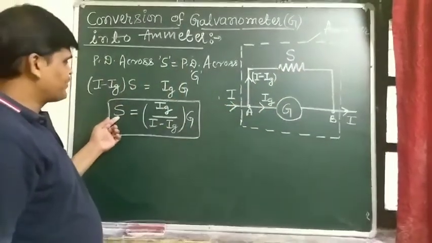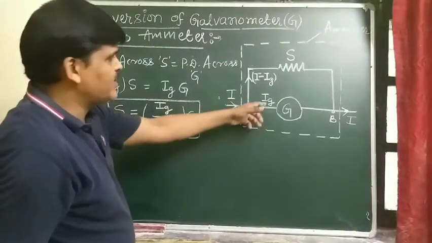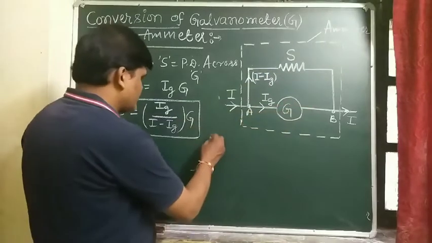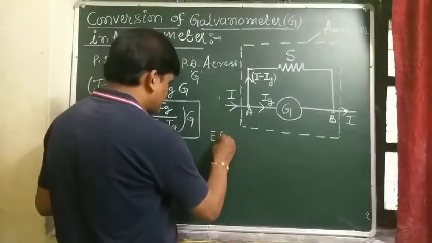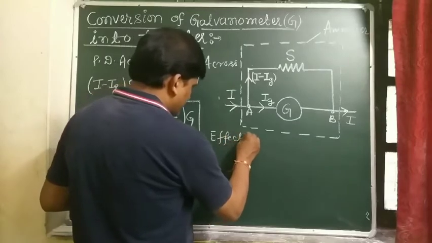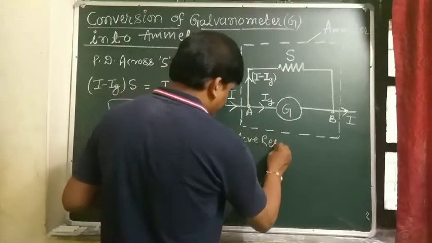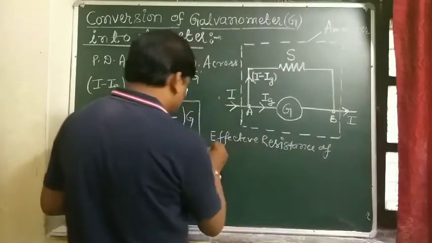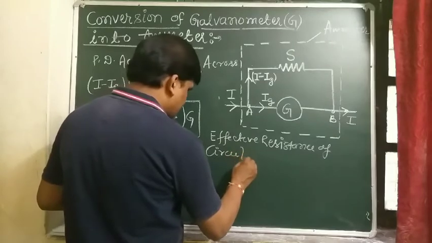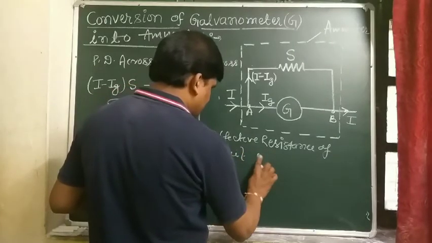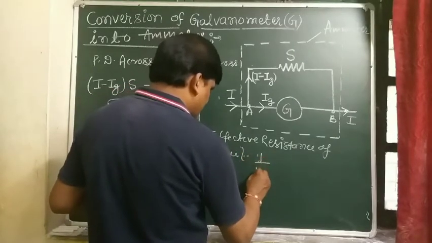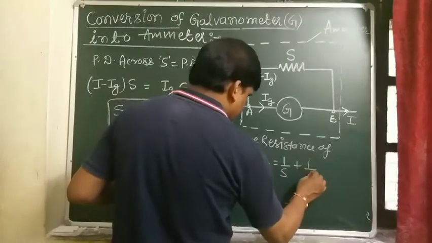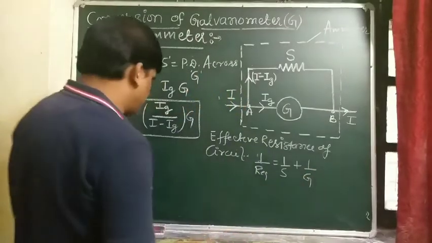So what is the equivalent resistance of this circuit? S and G are connected in parallel. So the effective resistance of the circuit means the total resistance. So 1 by R equivalent is equal to 1 by S plus 1 by G, because both S and G are connected in parallel.